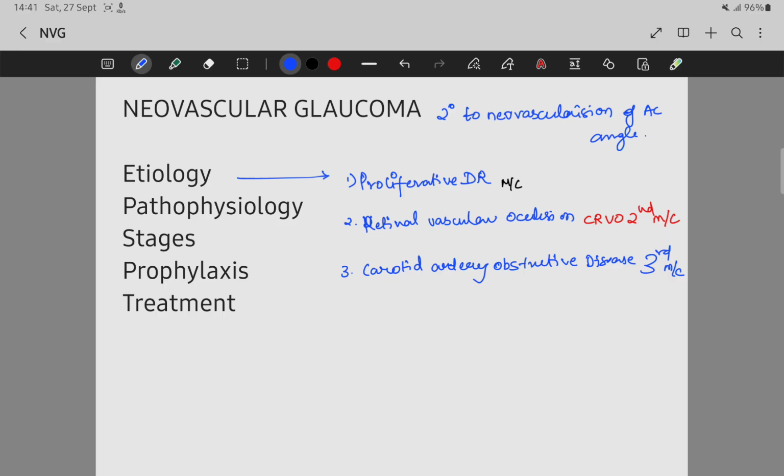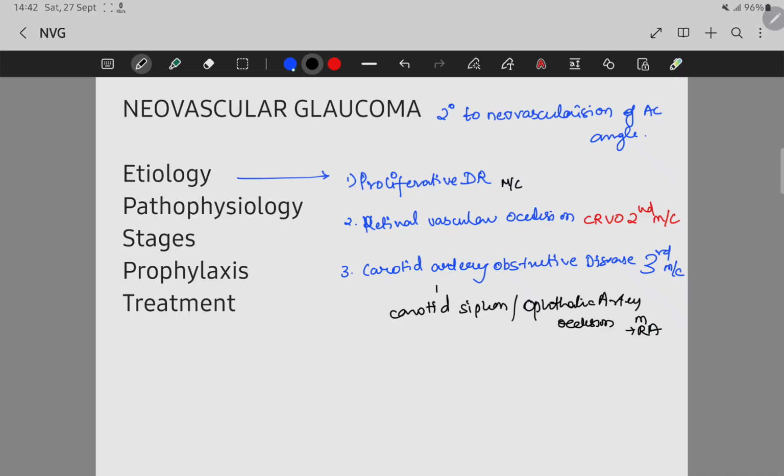Occlusion or stenosis in the carotid siphon or ophthalmic artery can be found. This can be demonstrated by cerebral angiography or magnetic resonance angiography.